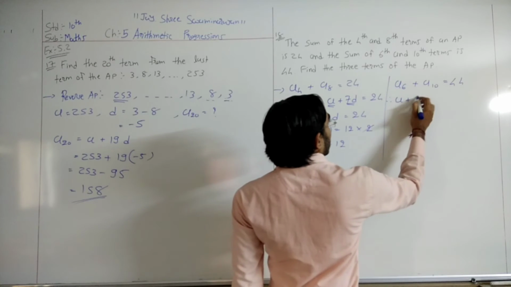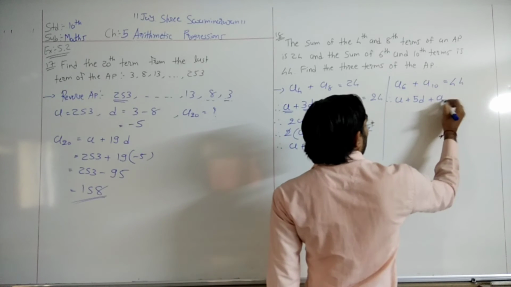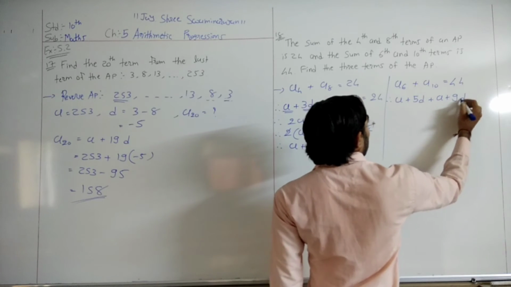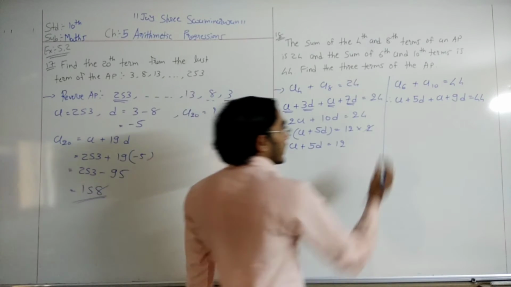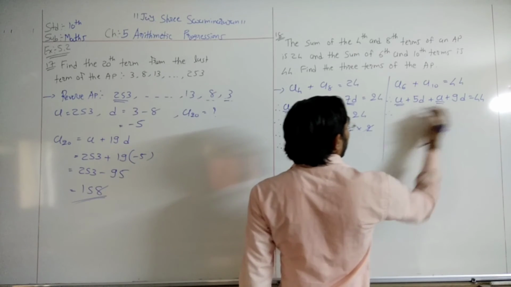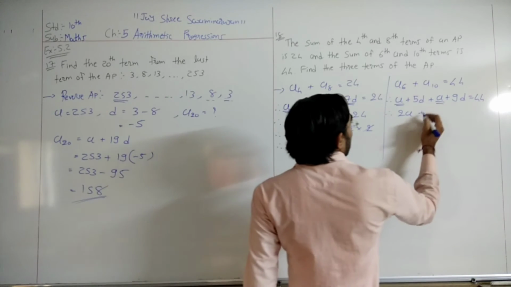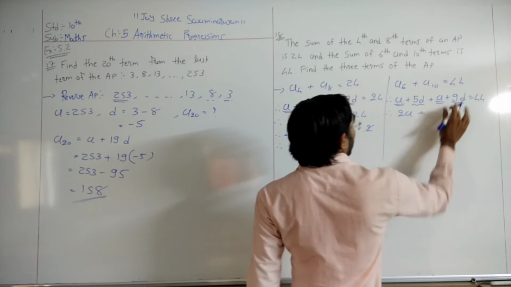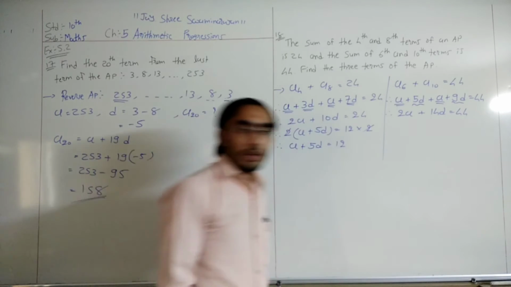So 6 minus 1, 5D. And here A10, so A plus 10 minus 1, 9D is equal to 44. So now A plus A, it is 2A, and 5D plus 9D, so 14D is equal to 44.